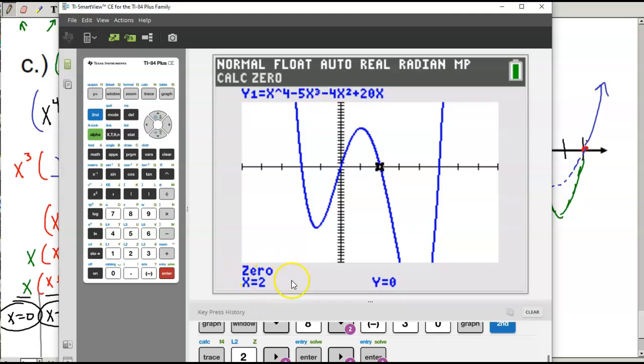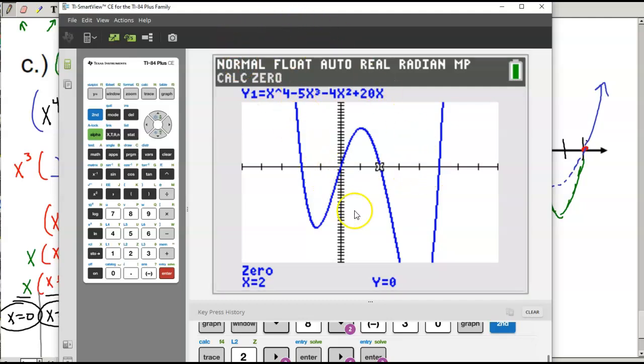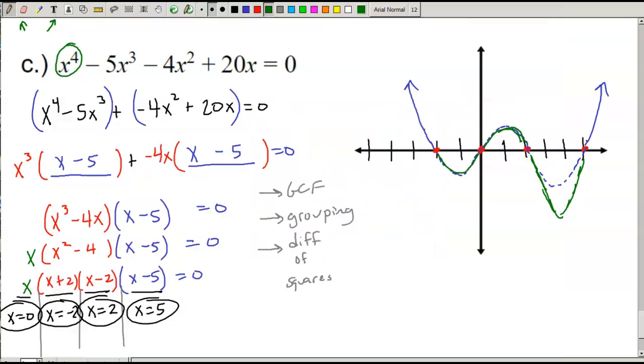X equals 2 is a 0. And so you could double check those 4 zeros that you have on your graph, and it's a really good way to check your answer too. And just make sure you do that and make that connection with the graph.